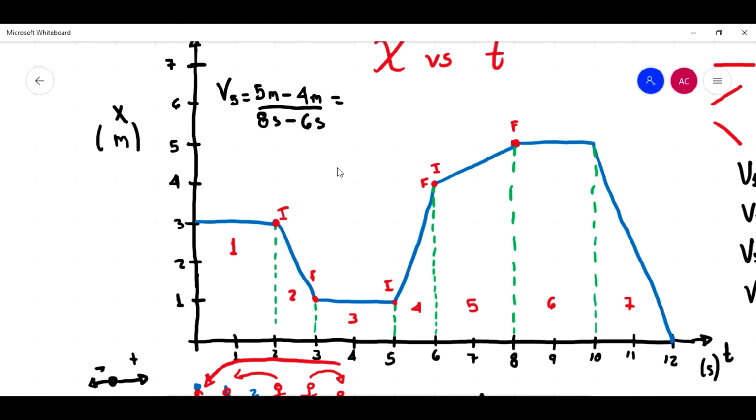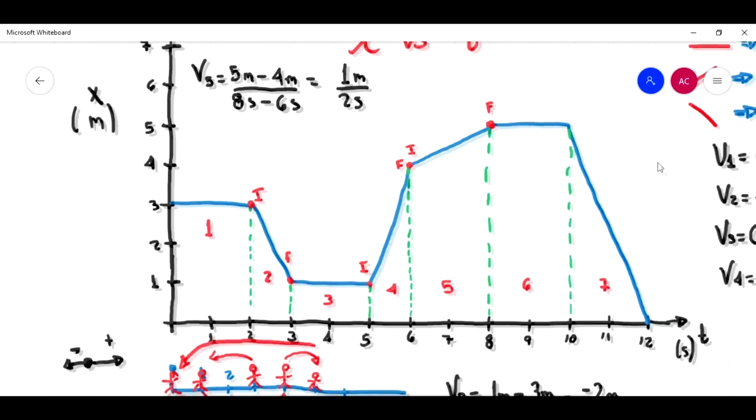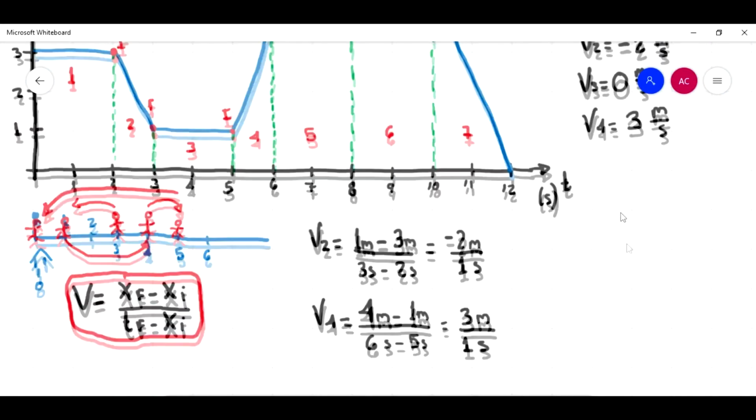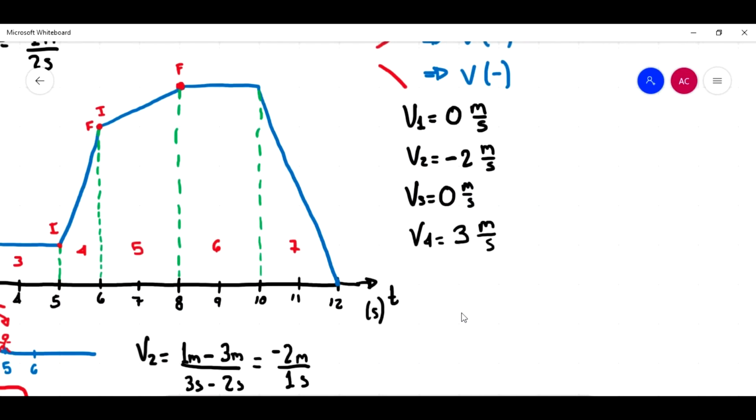So 5 minus 4 equals 1 meter over 2 seconds. That is going to be 0.5. So the velocity of the 5th segment is 0.5 meters per second.